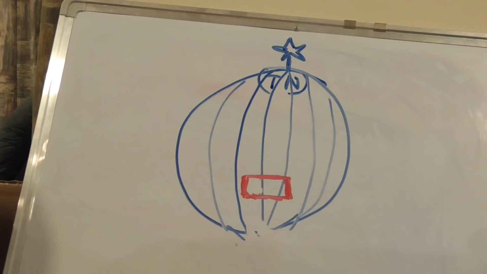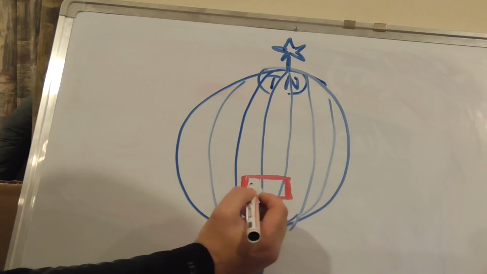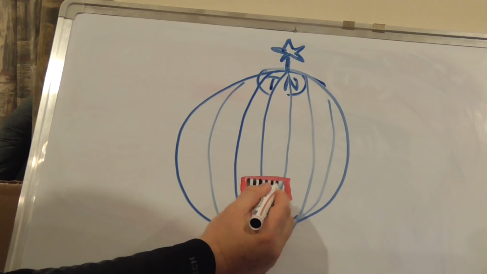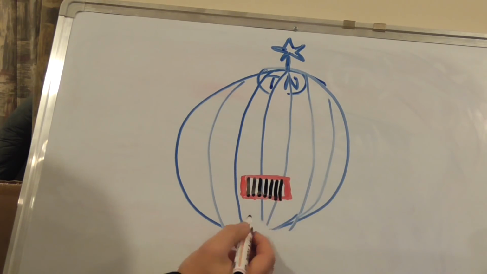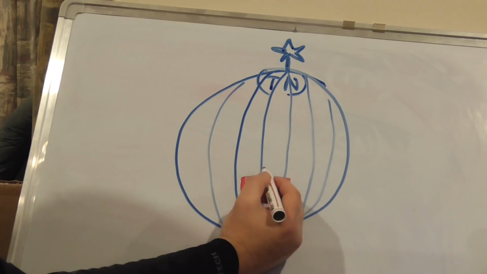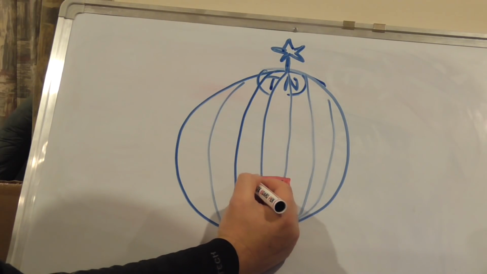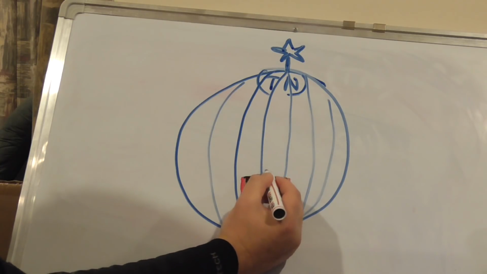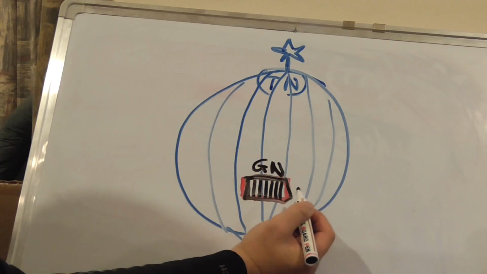Now on our map, we have grid lines, the lines that run from north to south, like that. At the top of the map, that would be grid north.